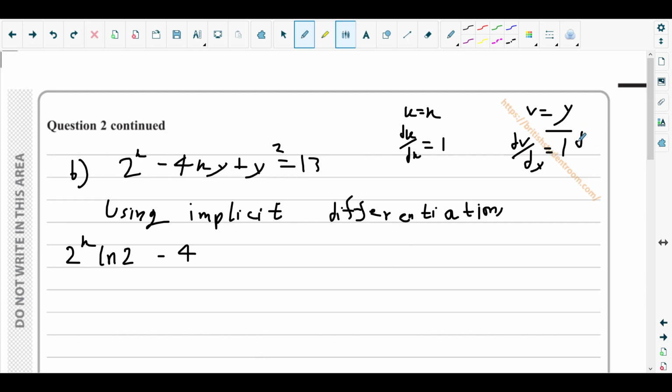Okay, so here the derivative of y is what? 1. So 1 times dy over dx. That's it, simple process.